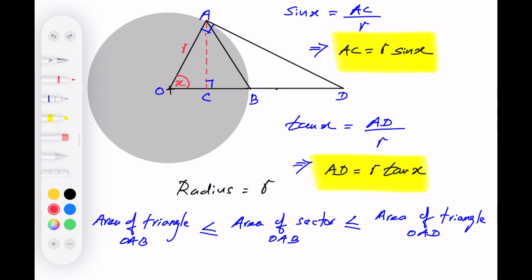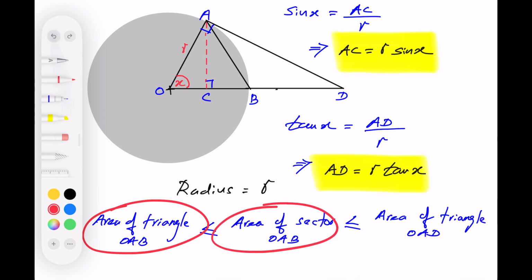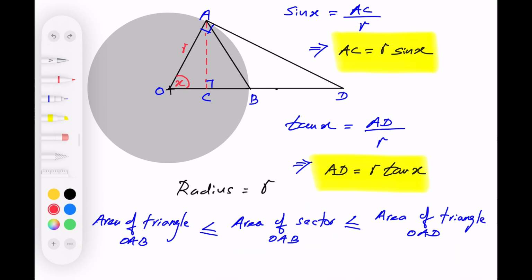Alright, now I need you to write down the equations for the areas of these three things. Can you still remember how to write down the area of a triangle? Area of a triangle is equal to 1/2 times base times height. Therefore, we can quite easily write down the area of the triangle OAB.